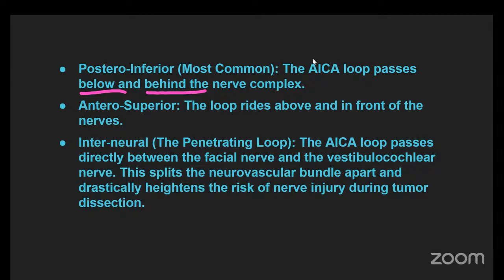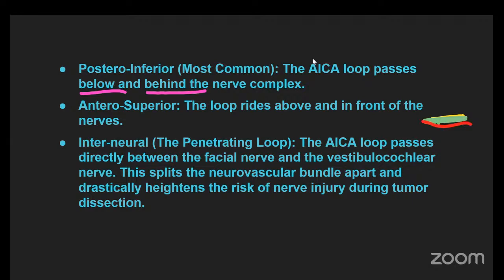What I wanted to ask was, once you open this space, AICA is going to be visible if the anatomy is typical, because it is usually below and behind the nerve complex. While I say below and behind, remember this yellow structure is your facial nerve. This green structure is your vestibulocochlear nerve, which is hiding the facial nerve. And this is where the AICA would be, below and behind.